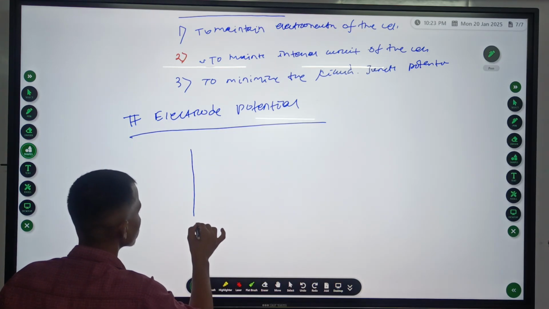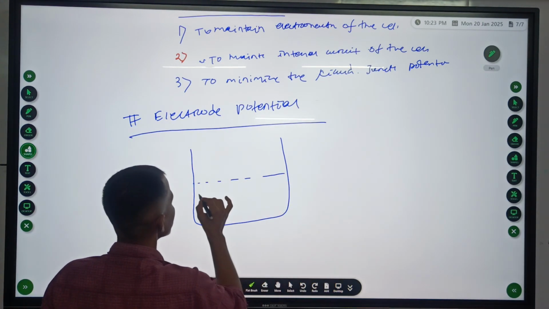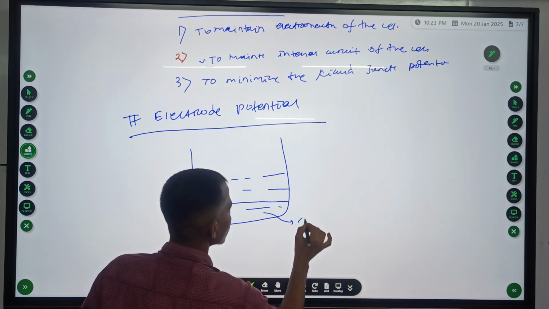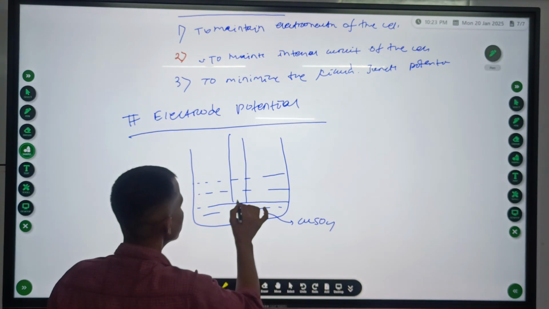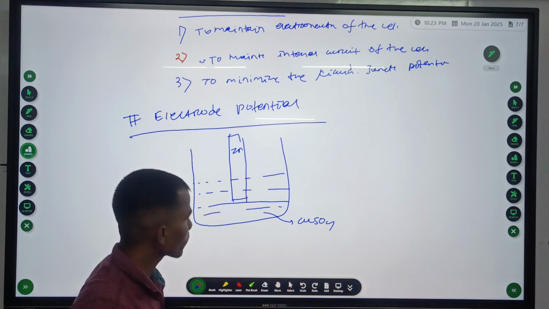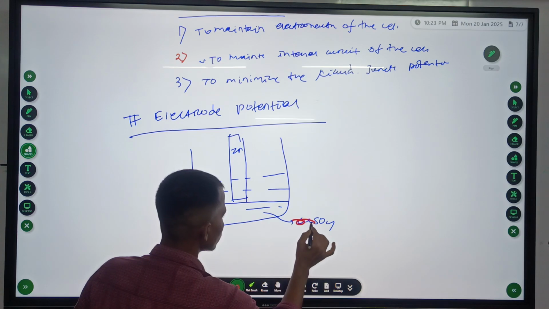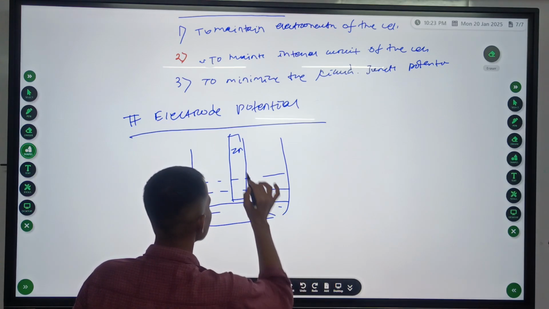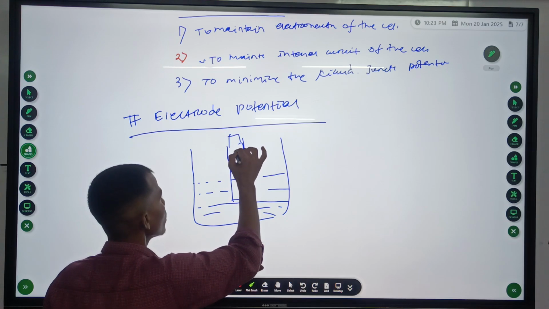Let's consider an example. Let a container contain some electrolytic solution, let's say copper sulfate, and zinc metal is dipped into this solution. Or more generally, let's say metal.